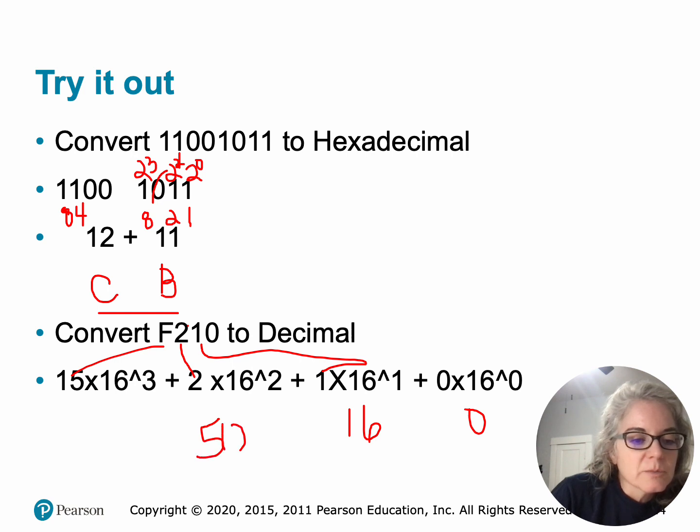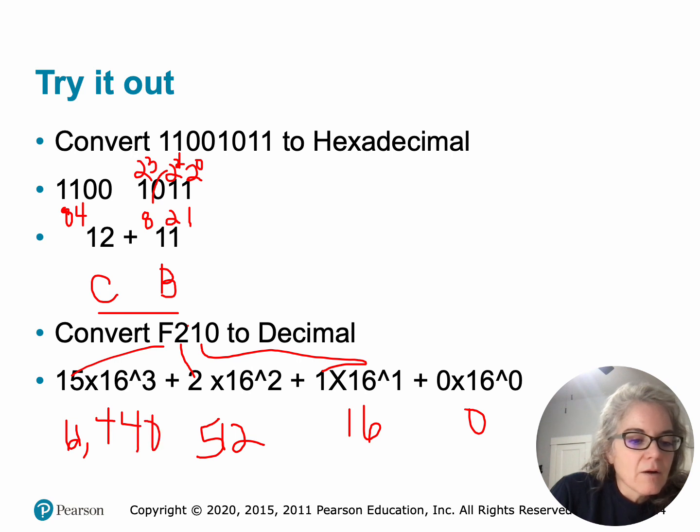And then 16 times 16 times 16 equals 4,096. And 4,096, we multiply it times 15. And this equals a big number, 61,440.